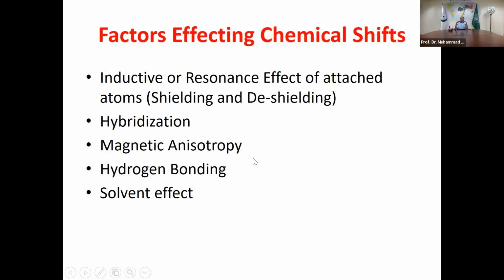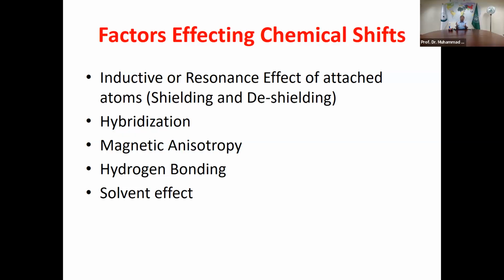Magnetic anisotropy: in case of pi-electron systems such as alkene, alkyne, benzene, you already know that they have magnetic anisotropy. They create their own local electronic environment. The benzene protons are more de-shielded as compared to alkene protons because benzene has a magnetic anisotropy. Hydrogen bonding: if we have strong hydrogen bonding, you get more de-shielding. If it is less hydrogen bonding, you get a bit shielded.